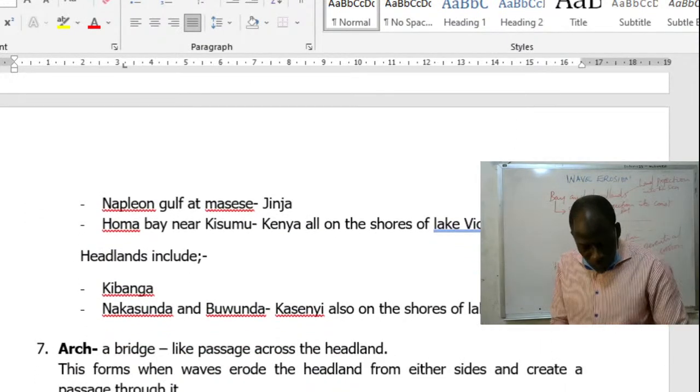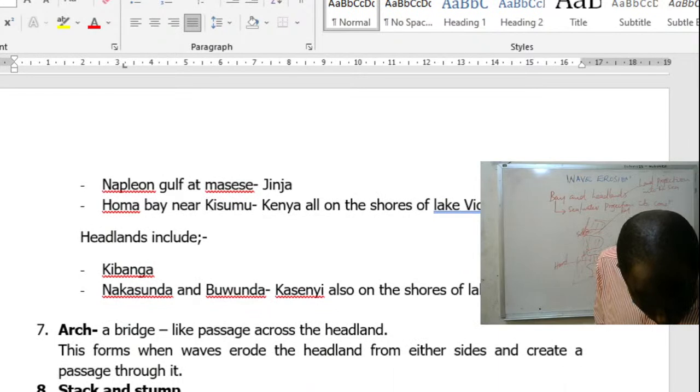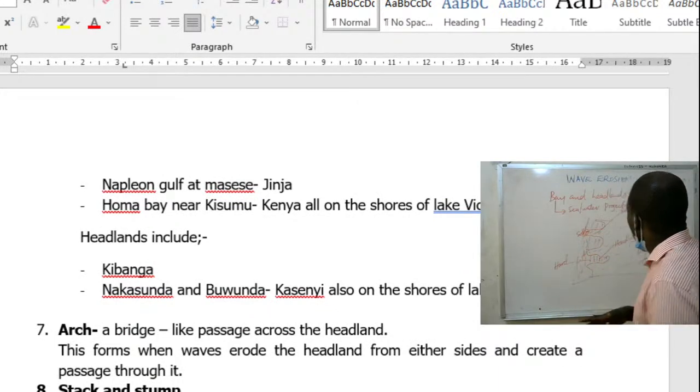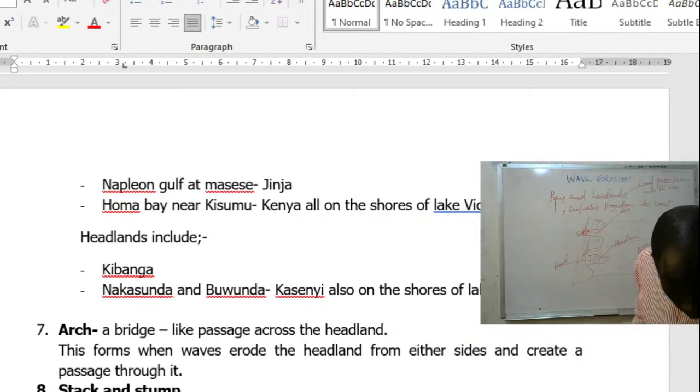Now, like we said, we have this family, we have already seen these two. That is the bay and the headland forming.